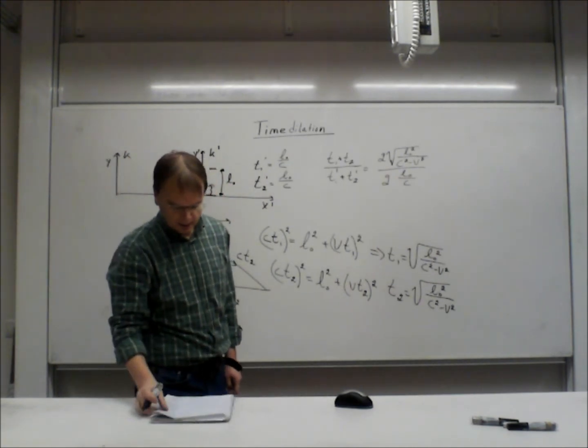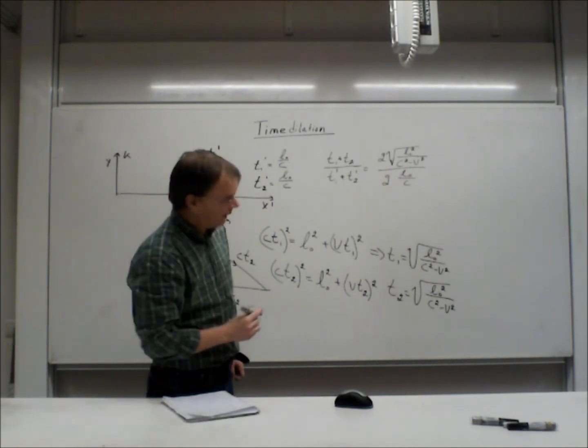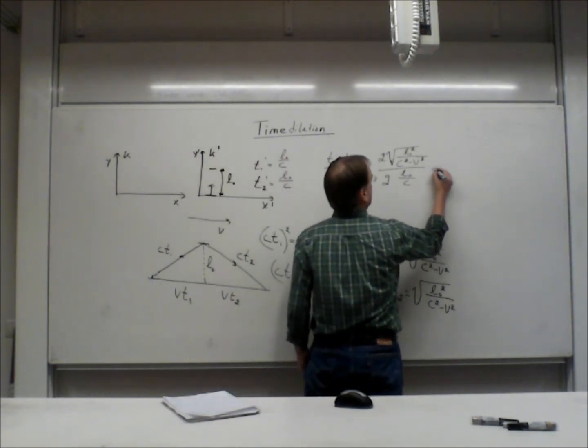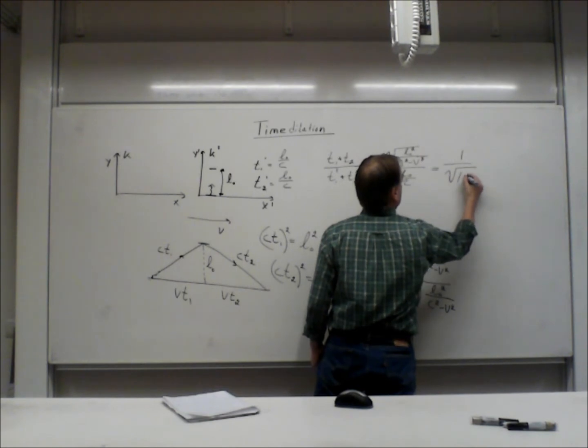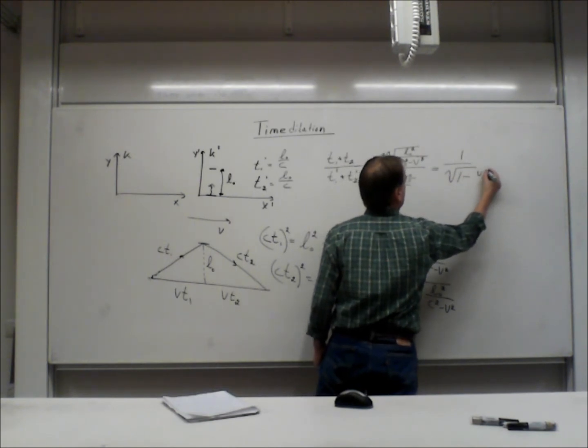And this can be reduced to 1 over the square root of 1 minus u squared divided by c squared.